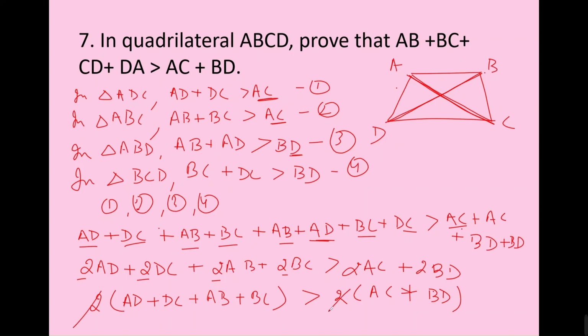You can say we are dividing both sides by 2, and hence proved. This is what we were looking for, that the sum of all the 4 sides of a quadrilateral is greater than the sum of the diagonals. Okay, done?